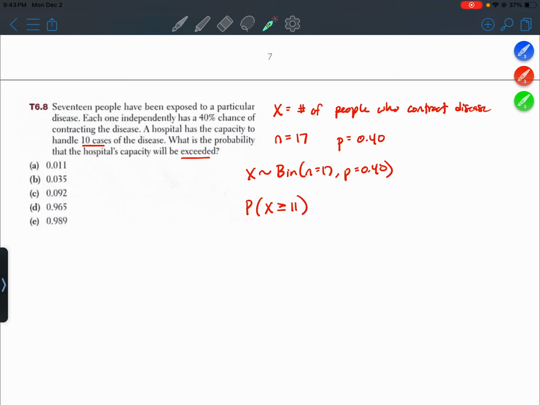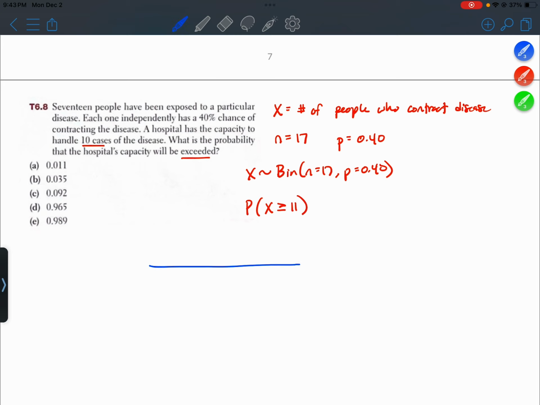We could find the probability that X is 11 and the probability that X is 12 and 13 and 14 and so on all the way up until 17. We can calculate each one of those probabilities individually and then add them up, but that would be a lot of work. That'd be a lot of plugging in to the binomial formula. But there is a faster way if we're clever about it.